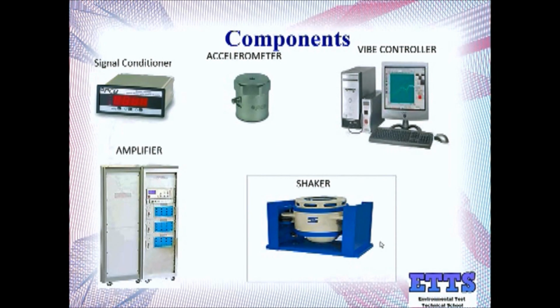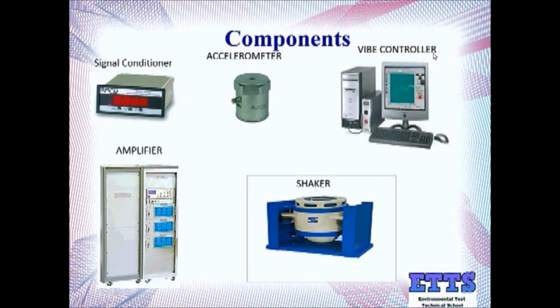Here are some of the major components of a vibration test system. You have a signal conditioner, which conditions the signal inputted from the accelerometer. You have the accelerometer, which is a type of transducer which senses acceleration.